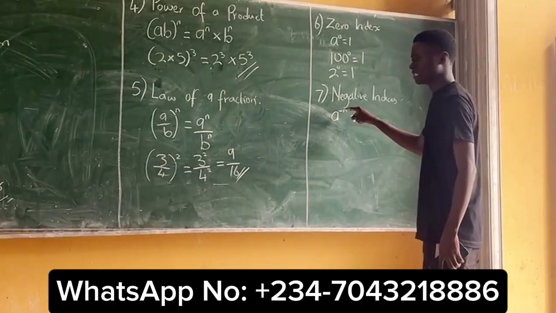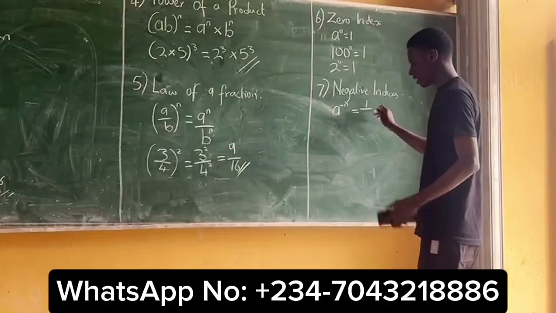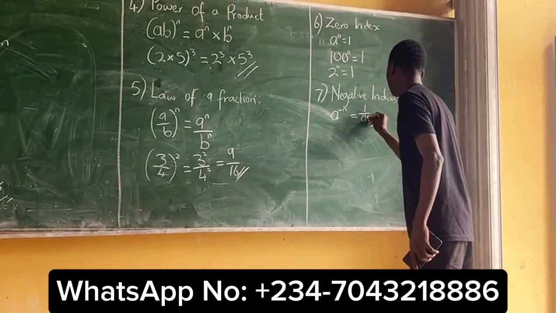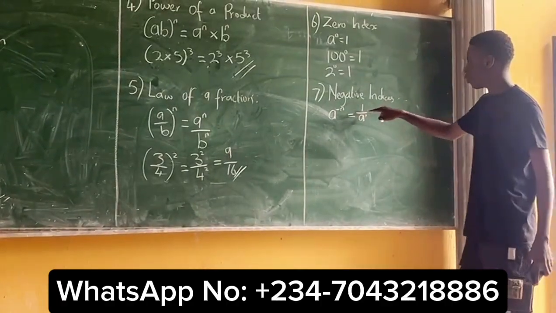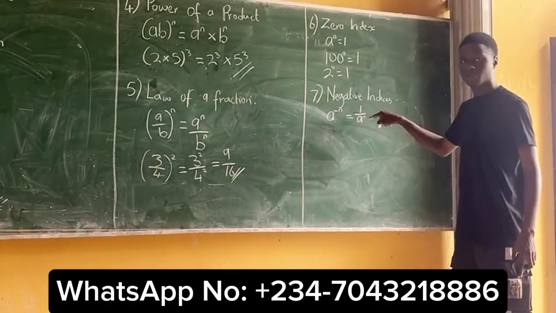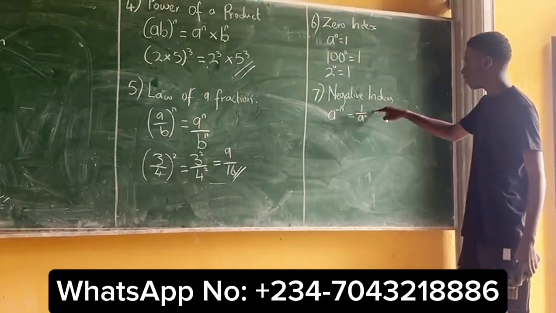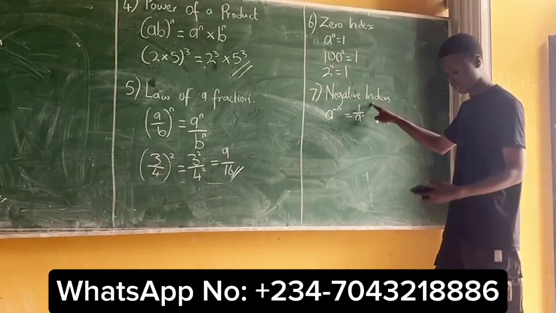Because of this negative sign, we have 1 over a to the power of n. So this negative sign changes to 1 over a to the power of n. This is for the negative indices.